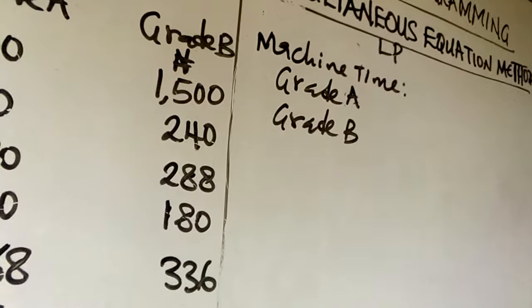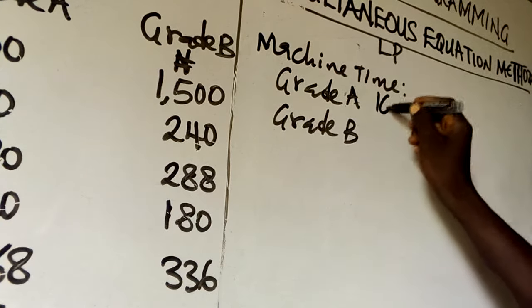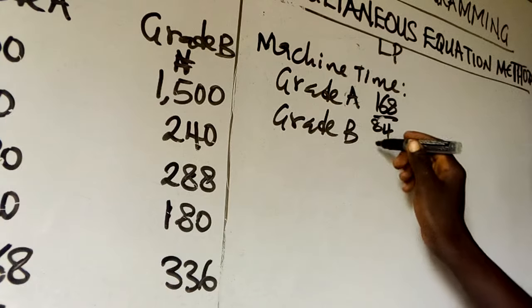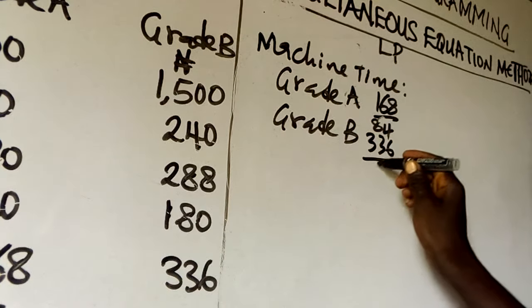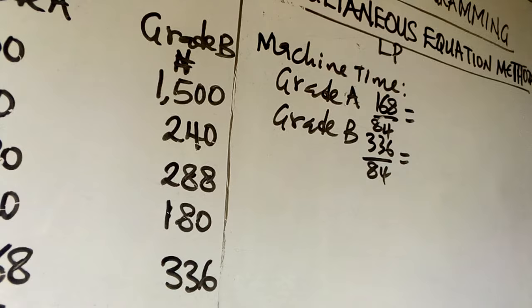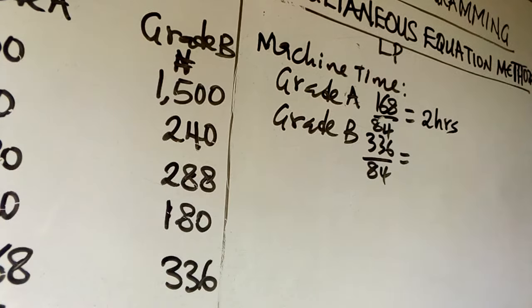So we have grade A, 168 divided by 84. Grade B, 336 divided by 84. So 168 divided by 84, then we have 2 hours. 336 divided by 84, then we have 4 hours.